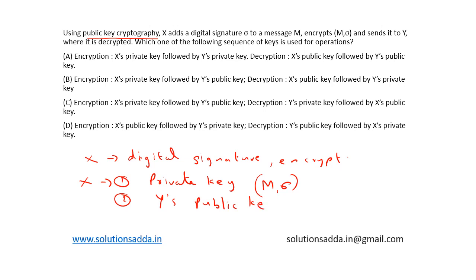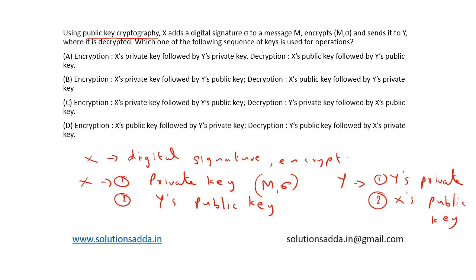Upon receiving the message, Y will decrypt it initially using Y's private key. Now we will have the digital signature and the message incorporated in it. So to decrypt it again, we use X's public key. These are the steps involved.